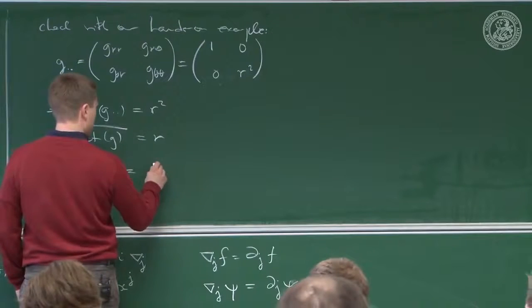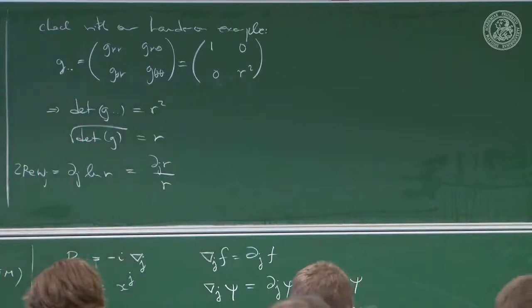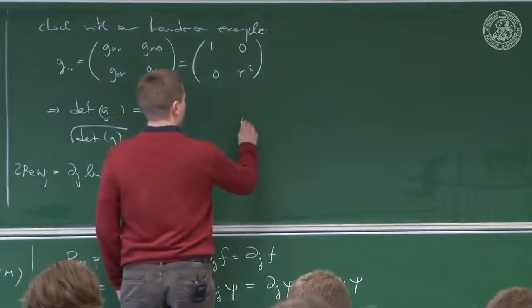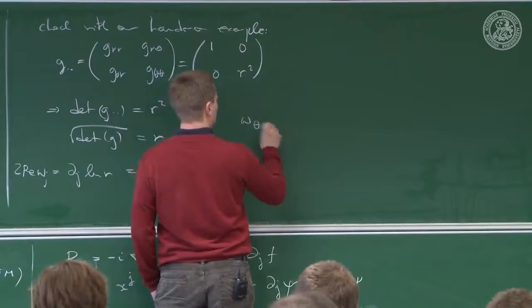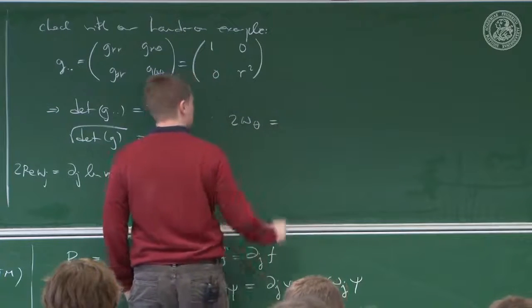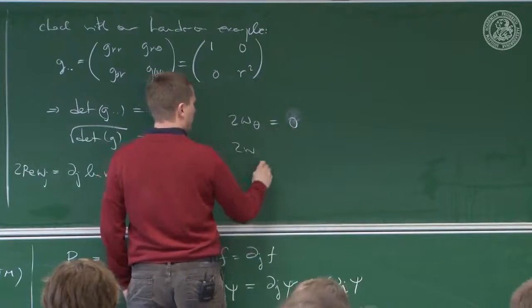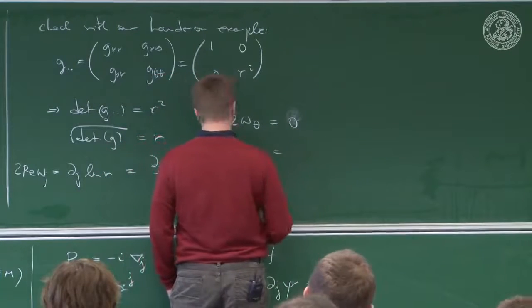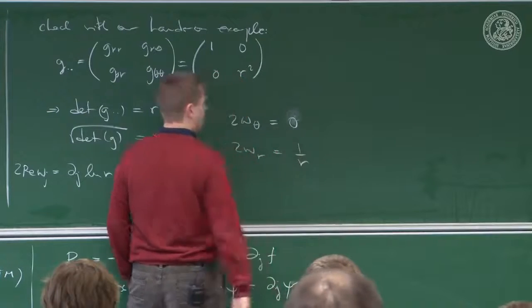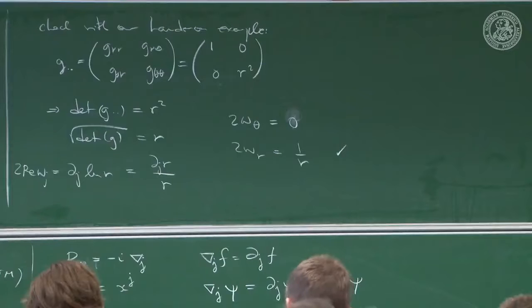This is del j r over r. And that is 0 for omega theta, we already take it real. And for omega r, this is 1 over r. And that's exactly the result we got before by hand.